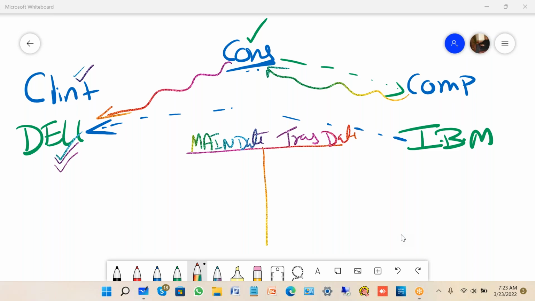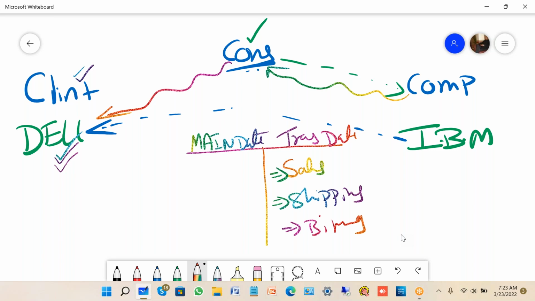Let me give understanding of transaction data: sales transaction, shipping transaction, billing transaction.